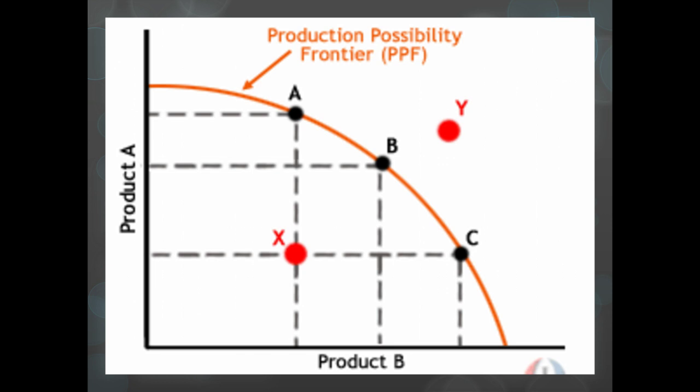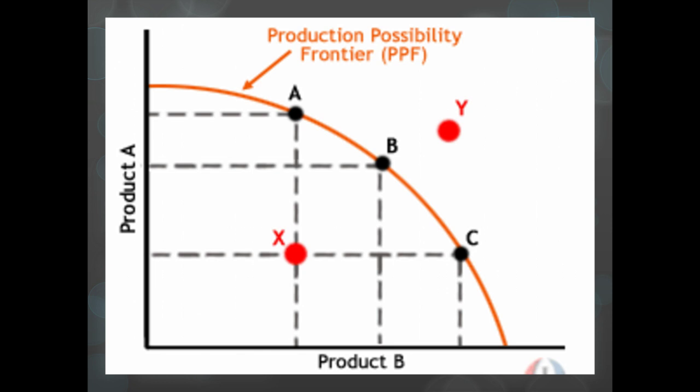At the same time, you can see a point outside the production possibility frontier, that is point Y. It means the point which is currently unattainable, because the economy has resources only to produce the points on the production possibility frontier.